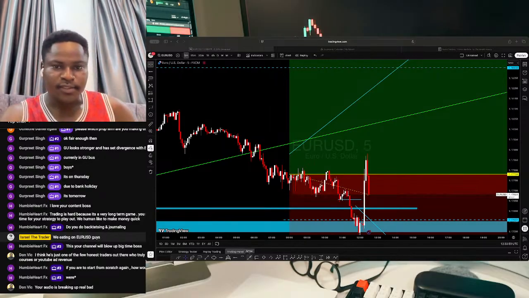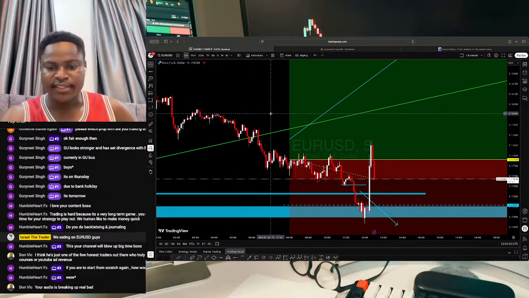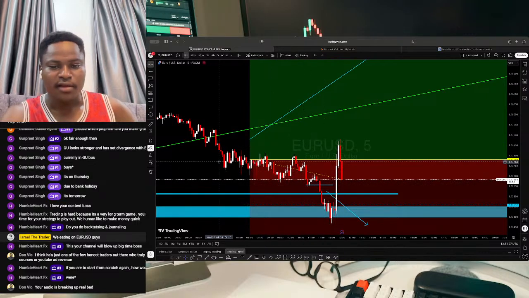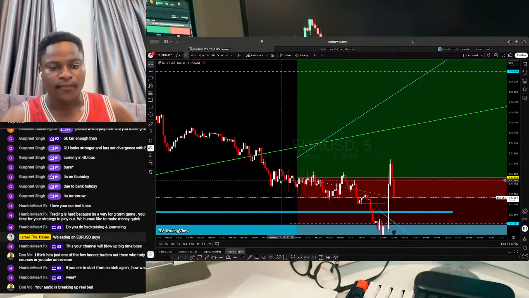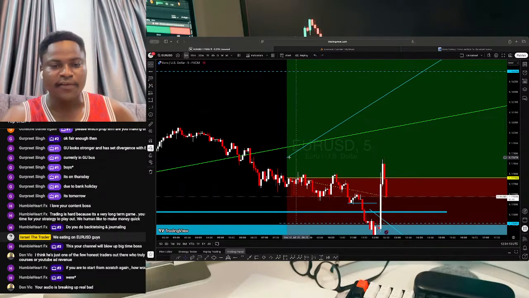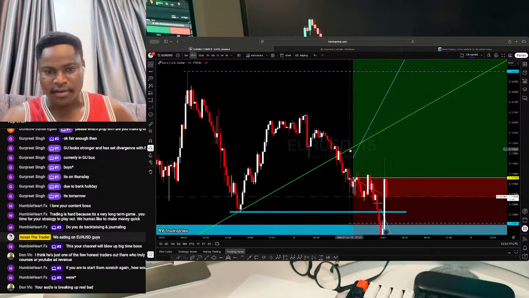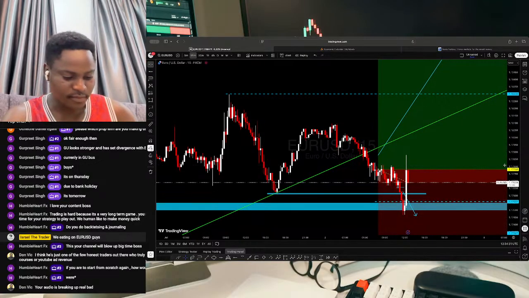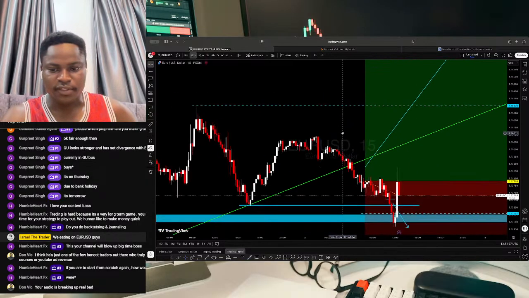Oh right. So okay, Euro USD is trying to push back down again. I've closed some trades, so let's see what is going to happen. Definitely, it's still going to go back up, guys. It's because of that news.